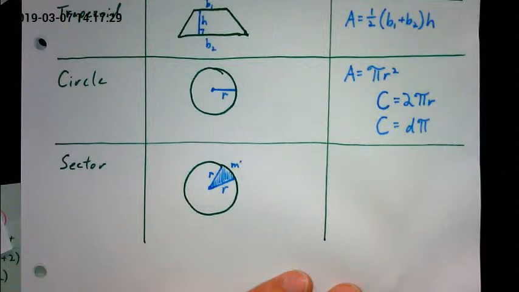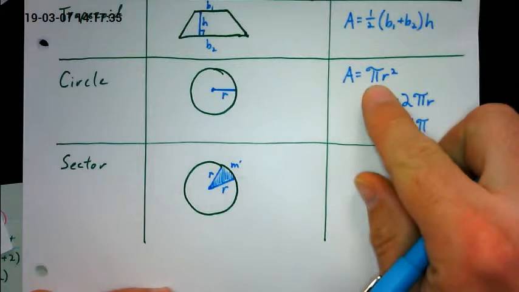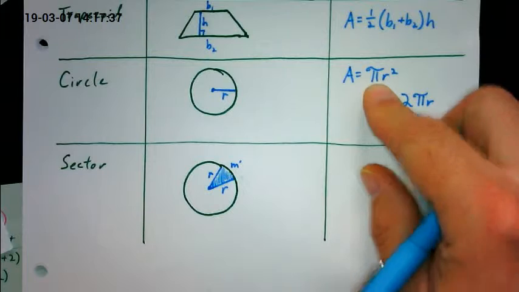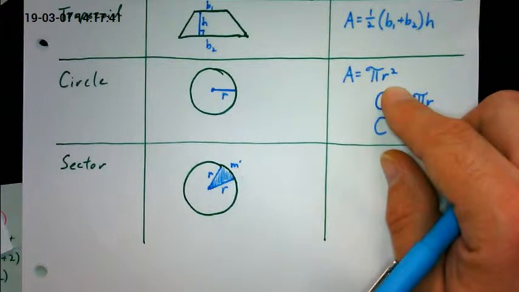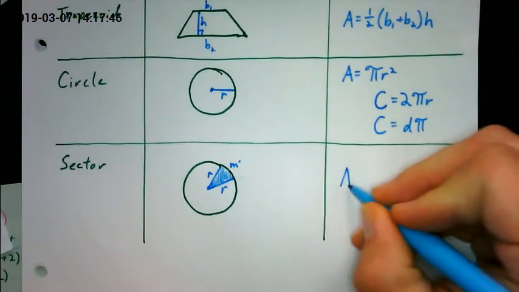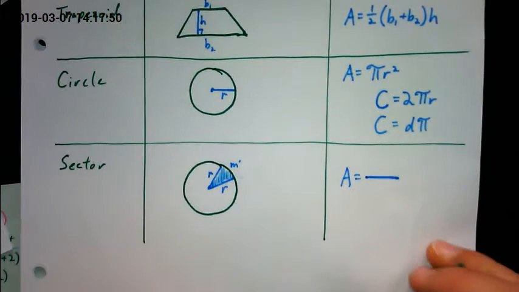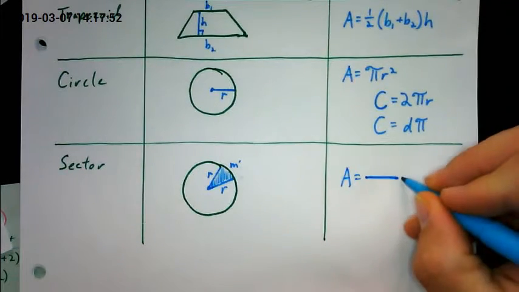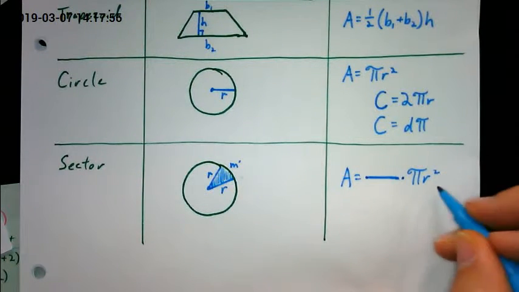Now, this area is part of a circle, so we're still technically using this formula. All we're doing is taking that formula and multiplying it by the fraction of the circle that we're using. So we have area equal to the fraction, times pi r squared, which would be the full area of the circle.